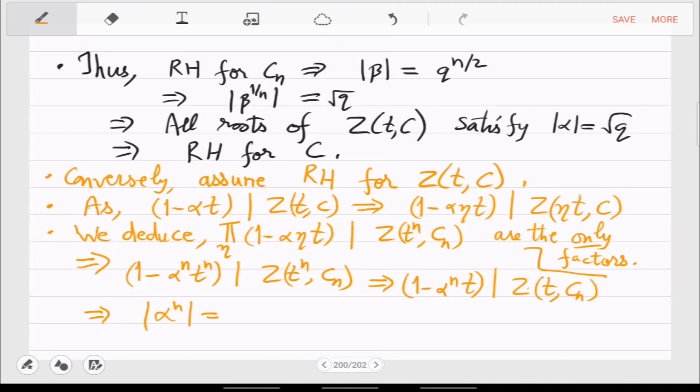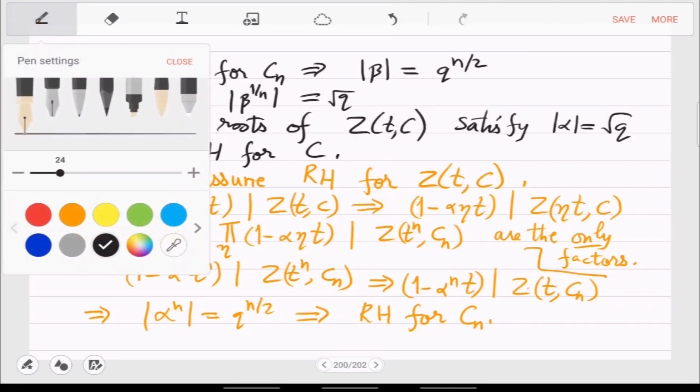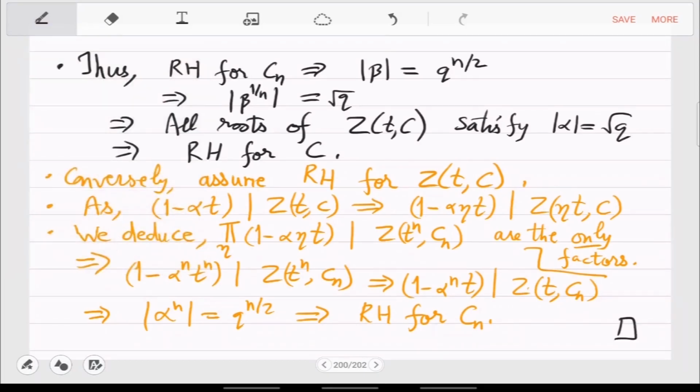So that's q raised to n by 2. Yeah, I thought it's trivial, but actually it requires some calculations. So we have shown both sides. Okay.